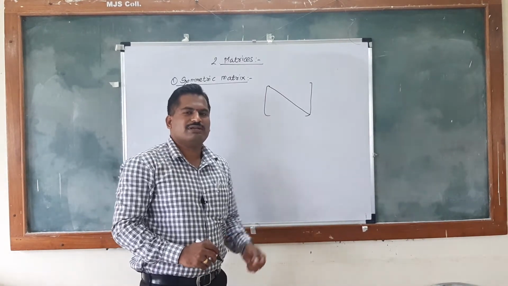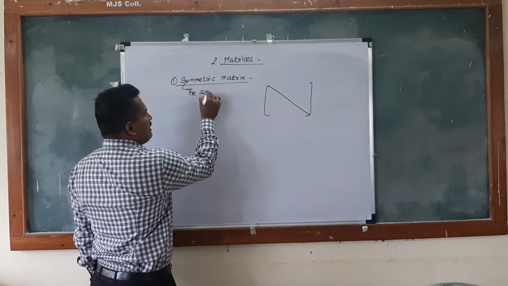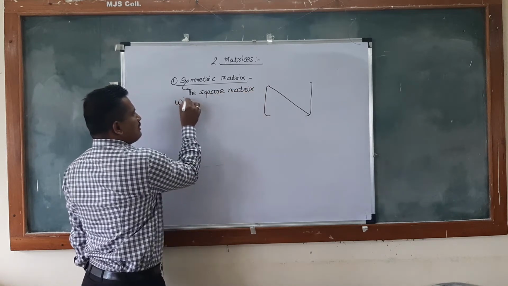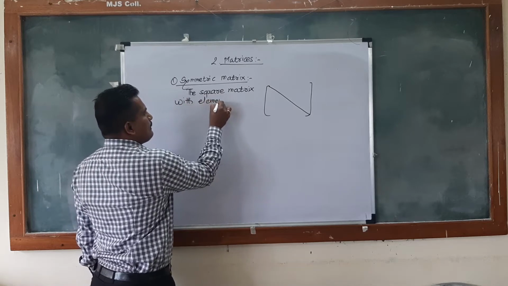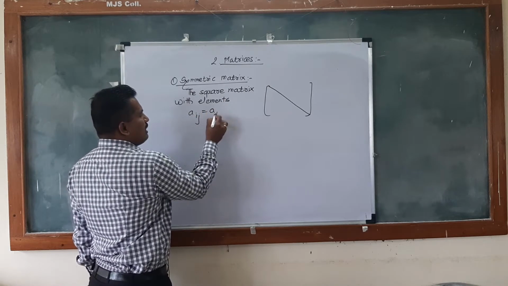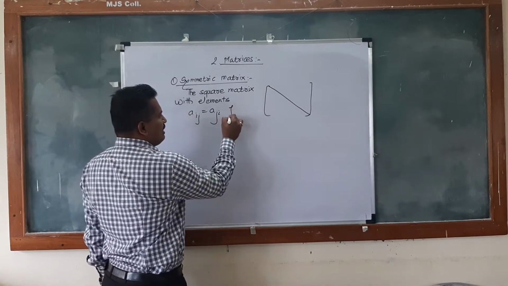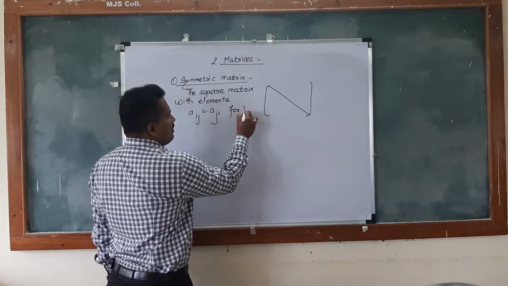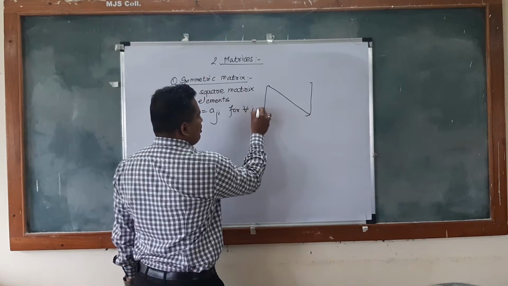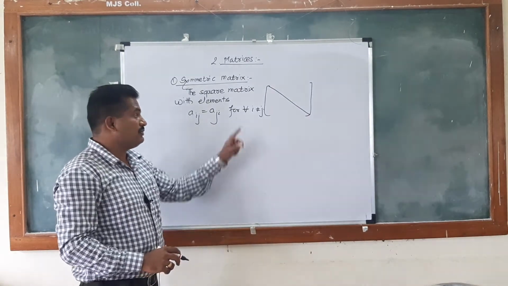In mathematical form, the definition is: the square matrix with elements Aij is equal to Aji for all i is not equal to j.